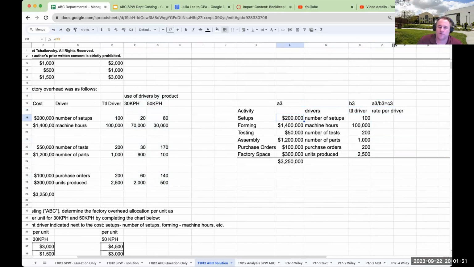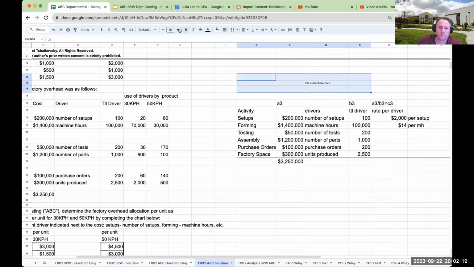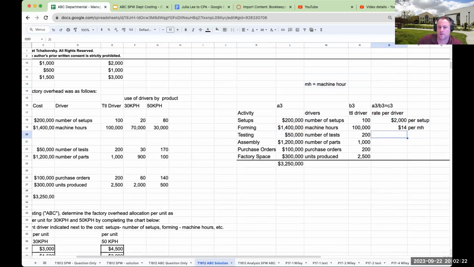So my rate per driver over here for activity-based costing, this is going to be 200,000 divided by 100, or 2,000 per setup. Over here, this is for 1.4 million divided by 100,000. This is going to be $14 per machine hour. That's the MH. Over here, the testing, 50,000 divided by 200.